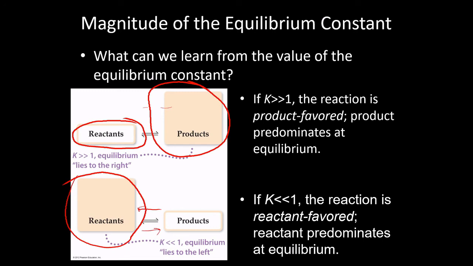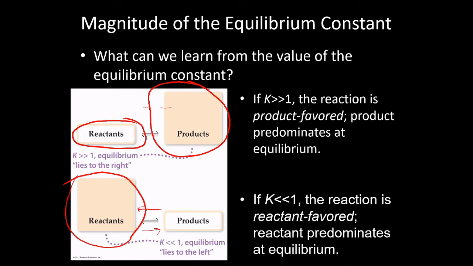And so even without knowing anything else about the reaction, if we just know the overall magnitude of the equilibrium constant, we can get an idea of whether this reaction is favorable or not. So if we have some reaction that we want to perform, and we look up the equilibrium constant and find that it is 1.5 times 10 to the negative 12, which is a really, really tiny number, that's probably going to tell us maybe we should figure out some other reaction to get the product we want, because that reaction is not going to give us very much product.